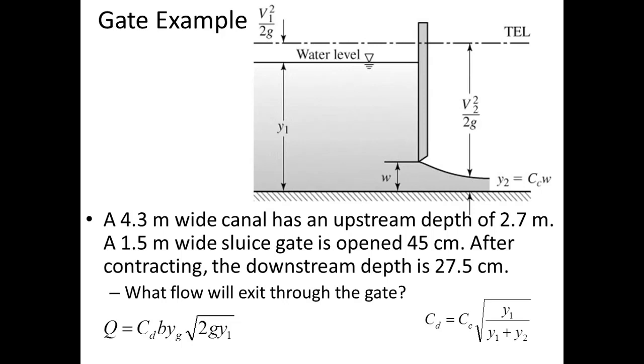In this case, the channel width is different from the gate width. And so now note that the canal may be 4.3 meters wide, but the gate is only 1.5 meters wide. So be careful that the width that you choose in that underflow equation is the width of the gate. In this example, we have a 4.3 meter wide canal where there's an upstream depth of 2.7 meters of water behind a gate, and a 1.5 meter wide gate.